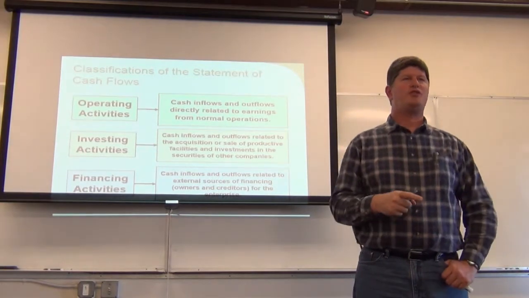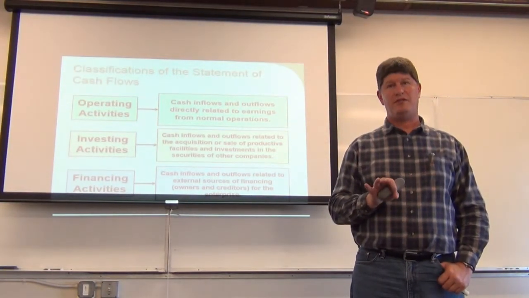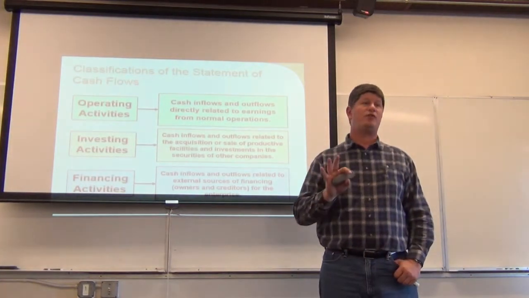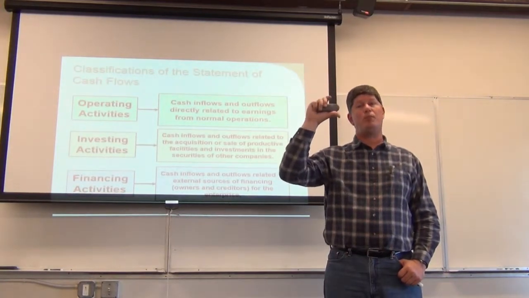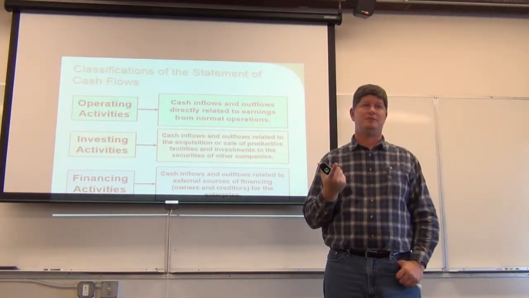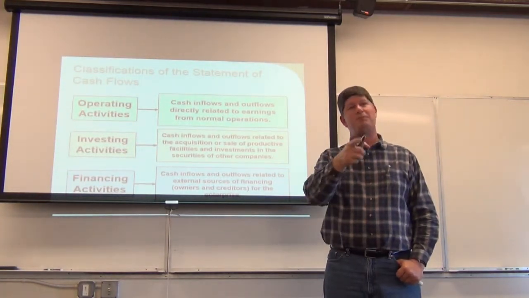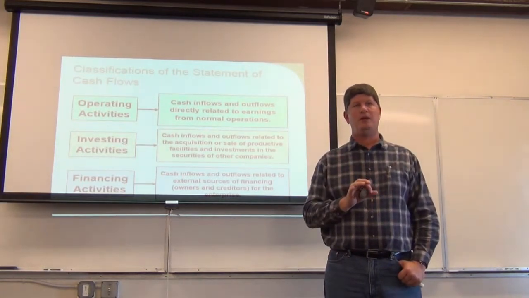The statement of cash flows is broken down into three parts. We've talked about these briefly. I haven't focused on them too heavily yet, though. The statement of cash flows focuses first off on cash used up or provided by operating activities. What are the operating activities? Michael? Selling everyday goods. It's the business that you're in, to make it simple for you.